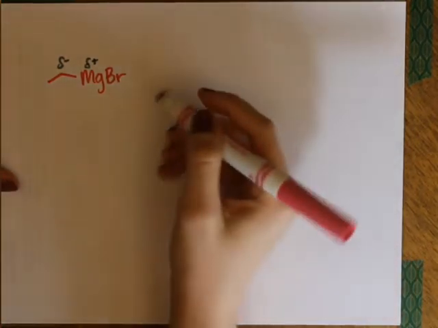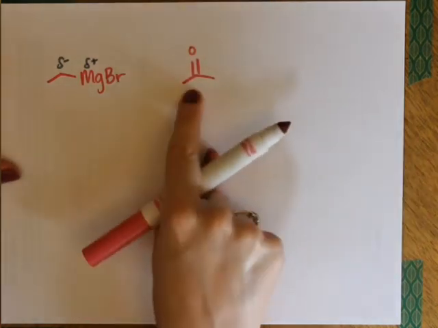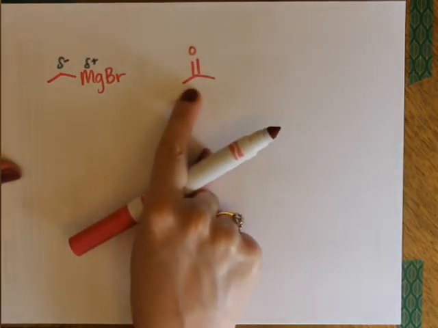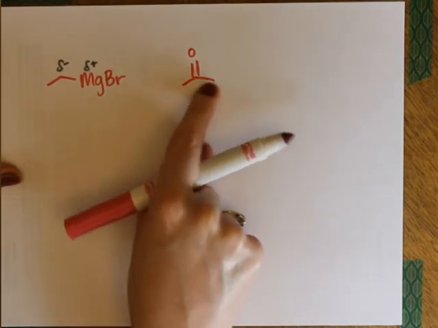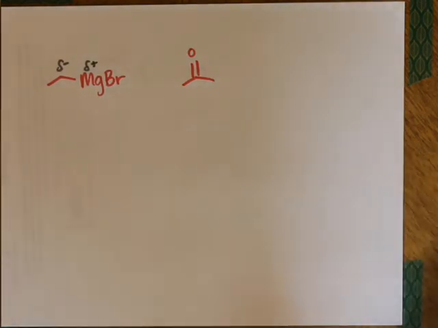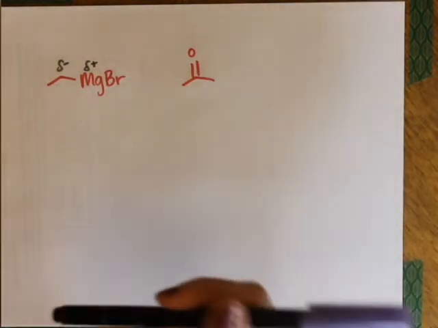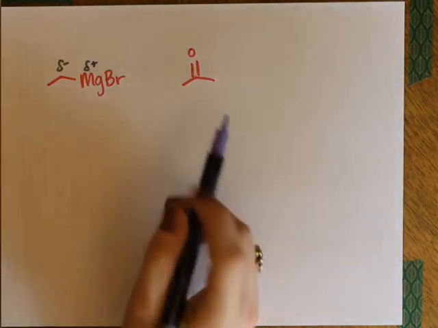This being partial negative means I have a carbon nucleophile. If I reacted this with a general ketone or aldehyde, so some kind of carbonyl that does not have reactive groups on either side, not reactive to a Grignard in specific, what will happen is, now, okay, here's another thing.